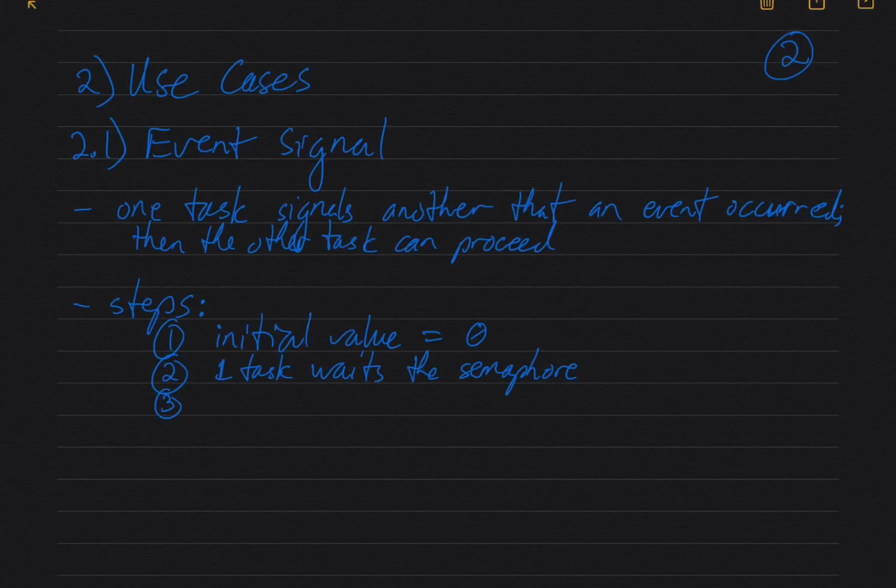And step 3 is that I'll say one task, and this would be a different task, signals the semaphore, and this will communicate that the event has occurred.